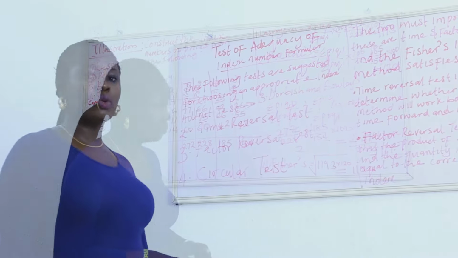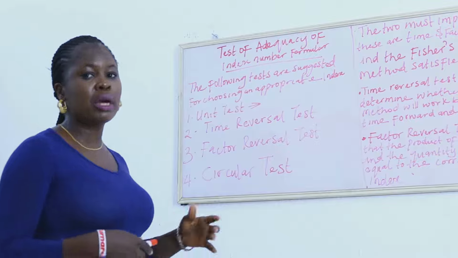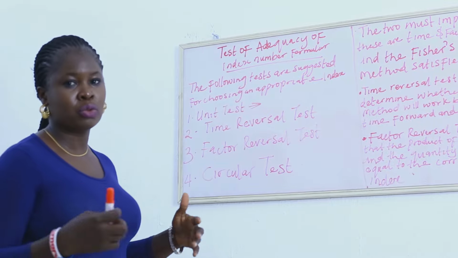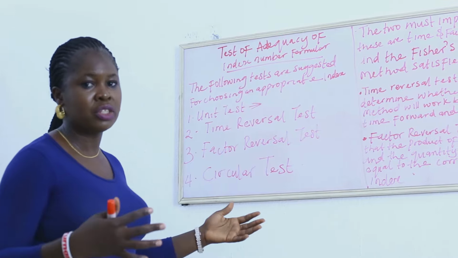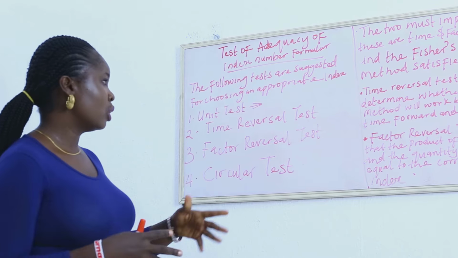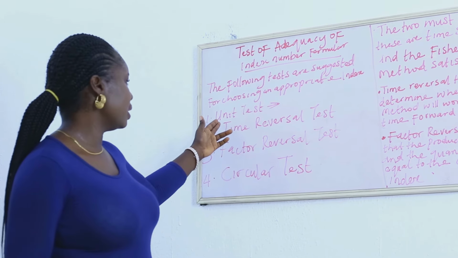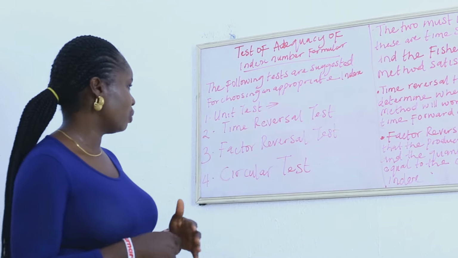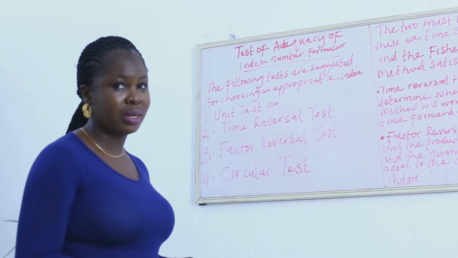The next thing we'll be looking at is the test of adequacy of index number formula. Because we have so many formulas, the test of adequacy just helps us to pick the most appropriate formula to use for each of the index number questions we are going to solve. These are the tests of adequacy: we have the unit test, the time reversal test, the factor reversal test, and the circular test.